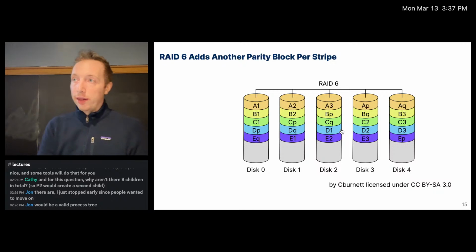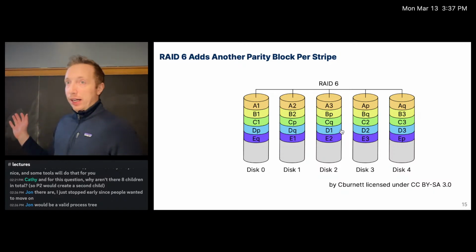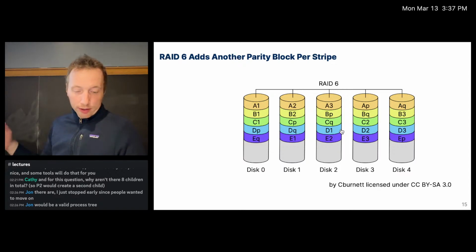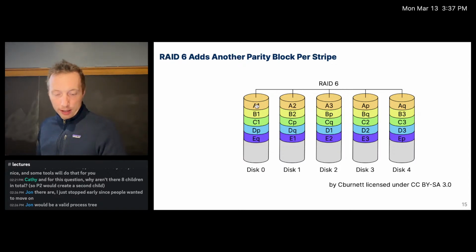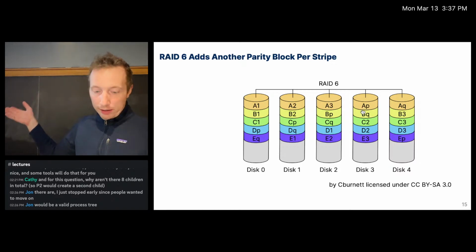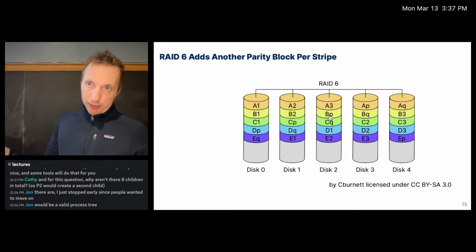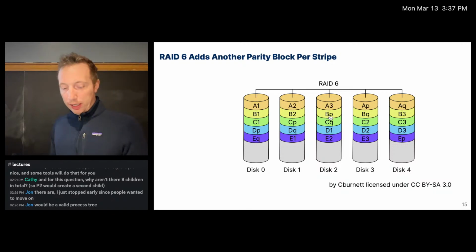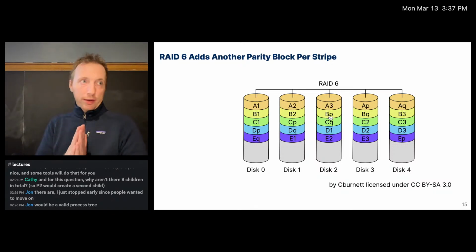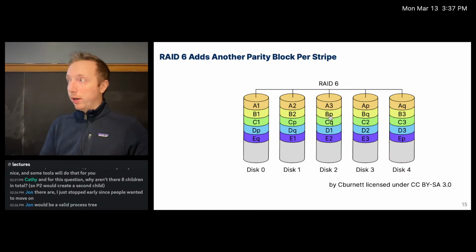And the way this works is it's the same idea. It just distributes those parity bits across all the disks. So for example, disk 3 has the P of A and the Q of A, and disk 2 has B's P, and disk 3 has B's Q. So it's the same idea. We just have another redundancy calculation.